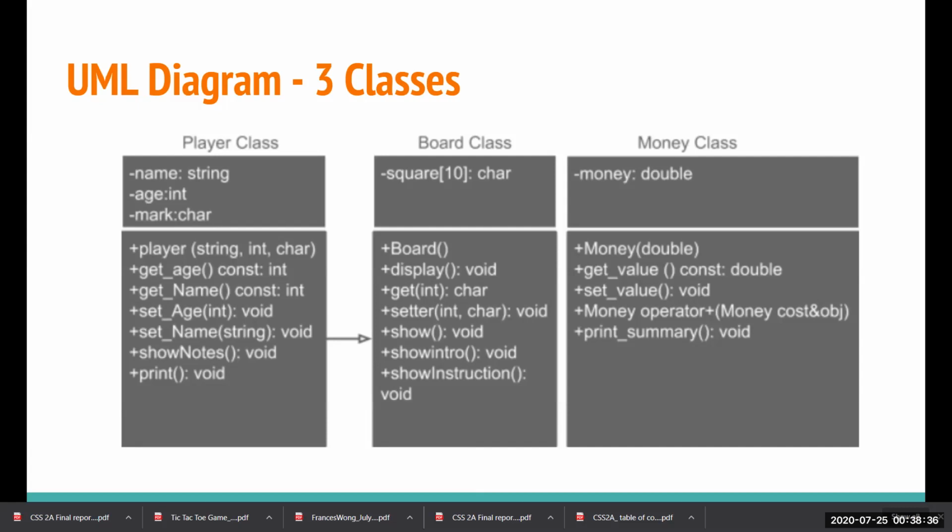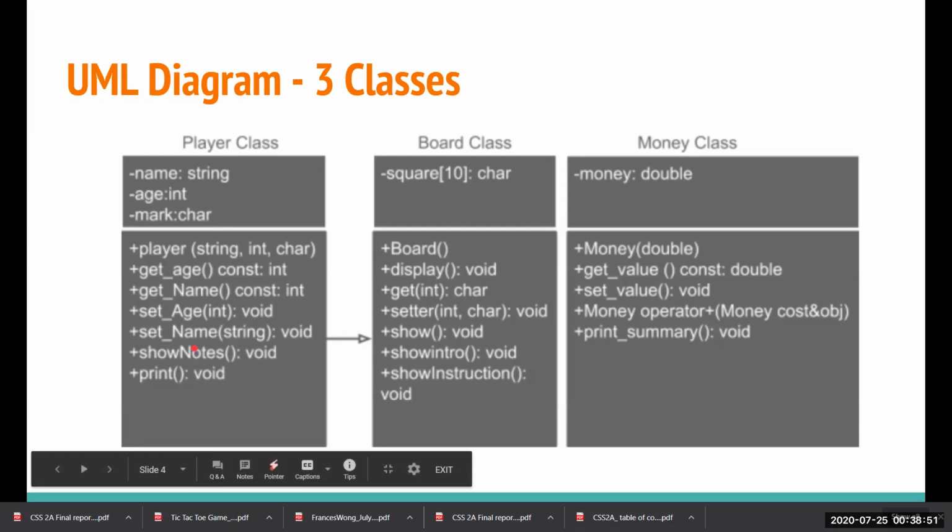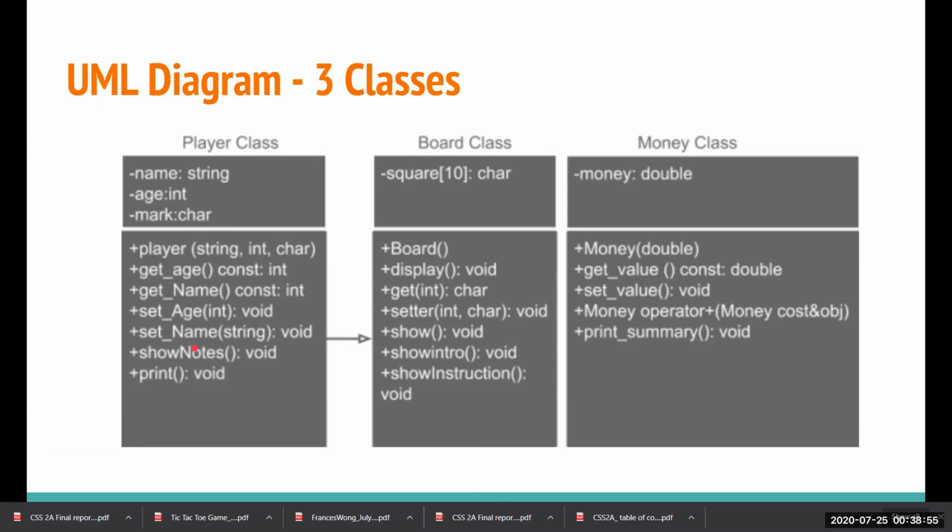The purpose of the player class is to allow players to enter their personal information, including their ages and names. In addition, there's a show notes function here. It will display some important notes to the players: it will cost $5 to play the game.